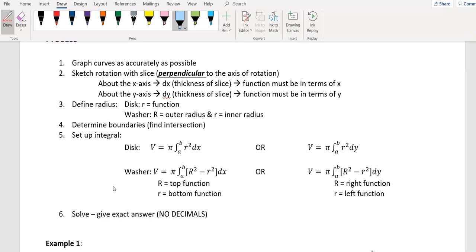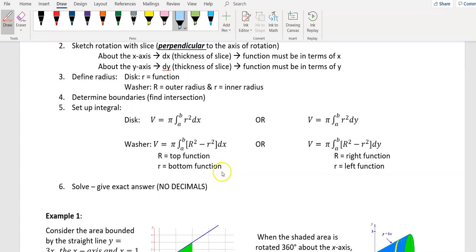Now, when you're doing the washer method, your outer radius, if you're doing things in terms of dx, is going to be your top function or the function above, and your inner radius is going to be the bottom function. When you're doing things in terms of dy, your outer radius would be the function on the right, and the inner radius would be the function on the left.